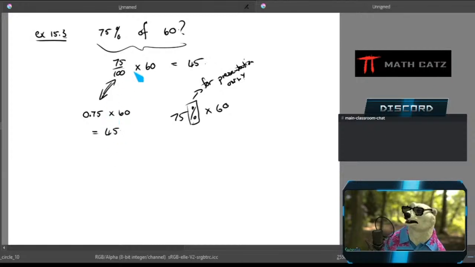Okay, so I want to be okay with either one of these. This was number 1. Again, we start off nice and slow so that I build a good understanding of percentages in this first kind of calculation. Take a percentage of a number.